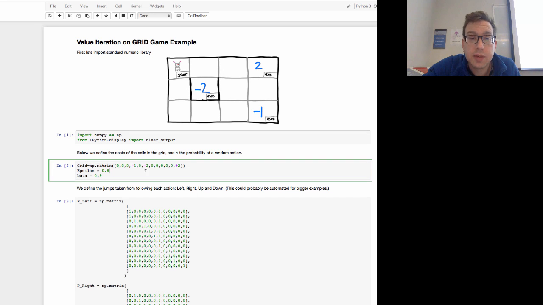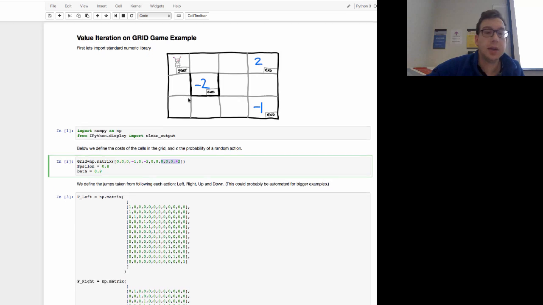What I've done is started with the initial values here. This 0, 0, 0, minus 1 corresponds to the value here being 0, 0, 0, minus 1, and then 0, minus 2, 0, 0, and then the next row is this last row over here.